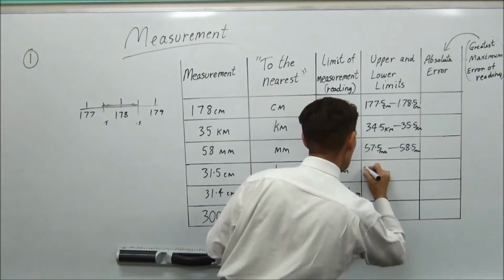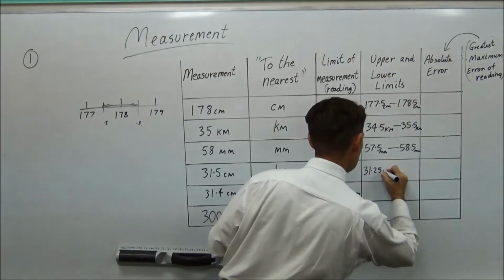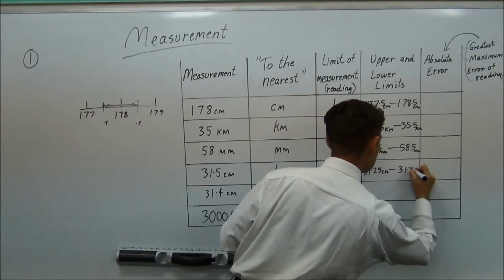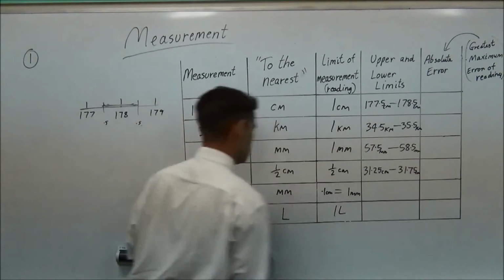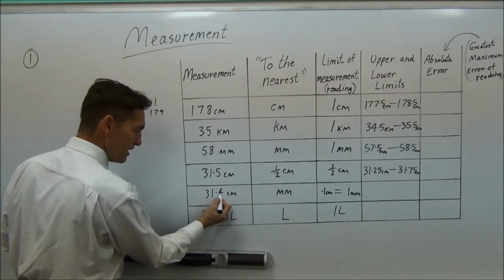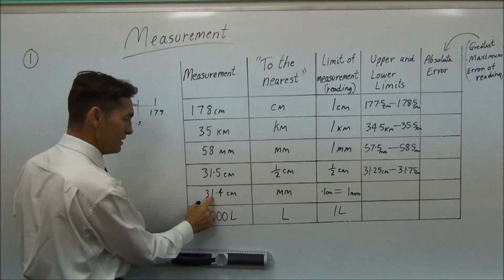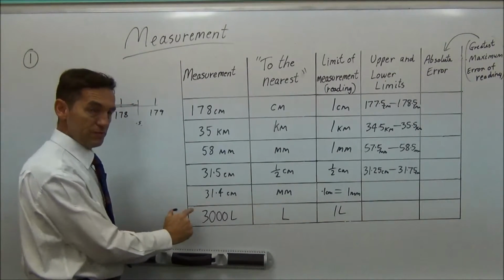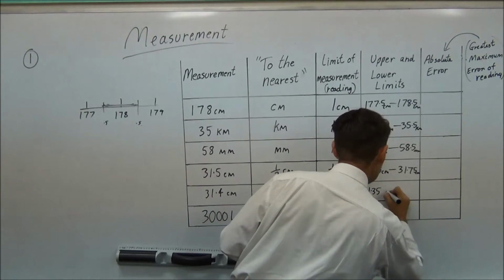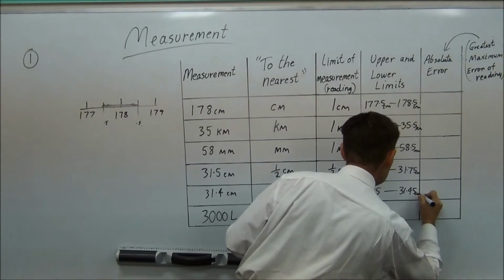So we're going to get 31.25 centimetres up to 31.75 centimetres. This one, again, you're going to do half, but half of 0.1 takes you into the 0.05, so we're going to get 31.35 up to 31.45 centimetres.